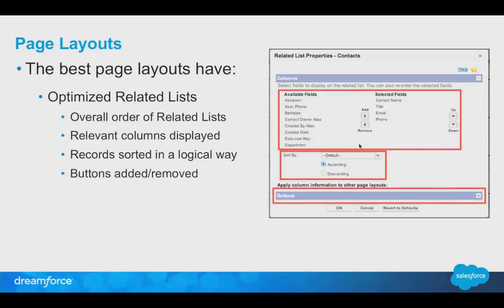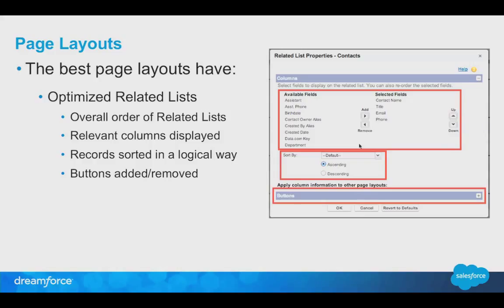And then you can control the buttons. So this is one of my long-standing usability gripes with Salesforce. Has anybody never seen that before? I've seen people who've never seen that before. So each time you go in to modify a related list, you can actually control what buttons show up on that related list. And that blue bar, I thought it was kind of the top and the bottom, and it's just sort of banded that little area together.